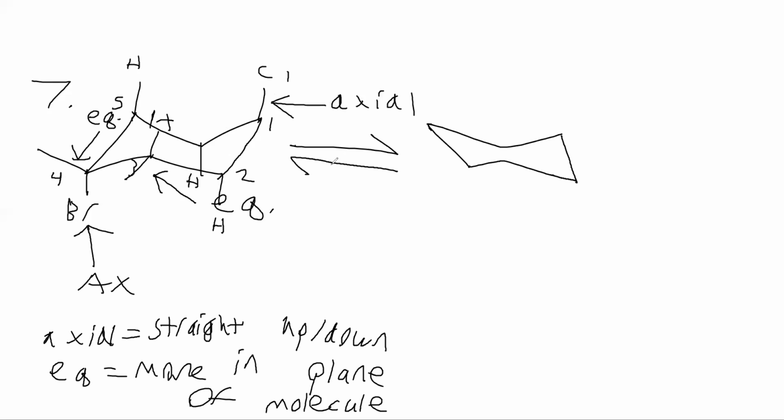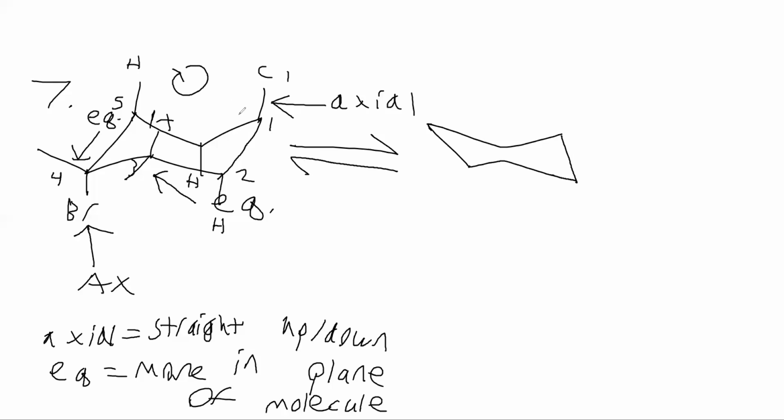I know this has been a while, so it's okay. Well, okay, if we numbered it, it would still be 1, but when you do a ring flip, you basically move all of the substituents clockwise.